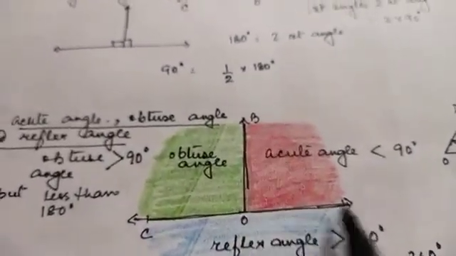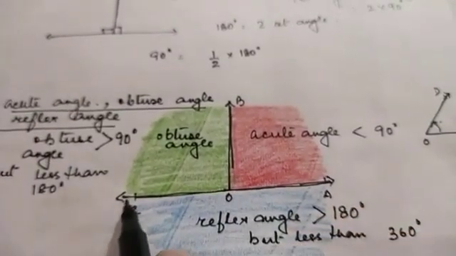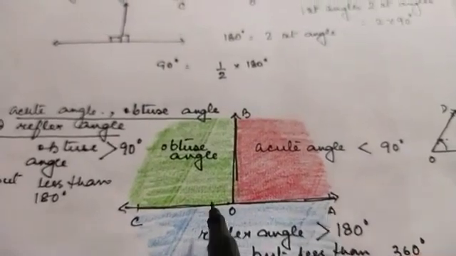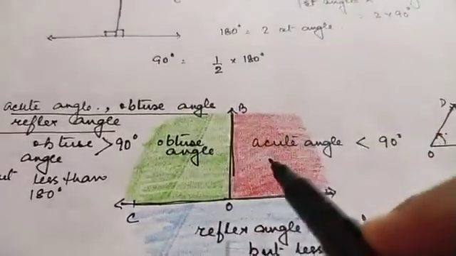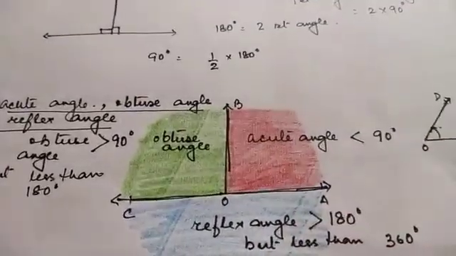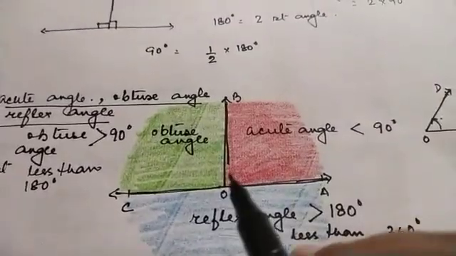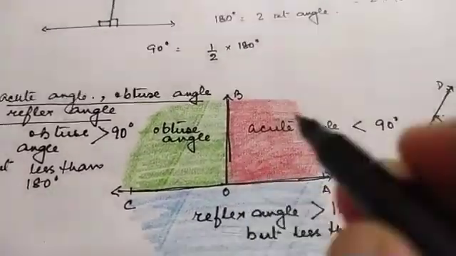Look at this part of the figure. This was 90 degree. This is one straight line. COA is a straight line. OB is a perpendicular on the line. What is a perpendicular? When a line makes an angle of 90 degree on another line, then it is said to be perpendicular on that line. We'll come to this topic.